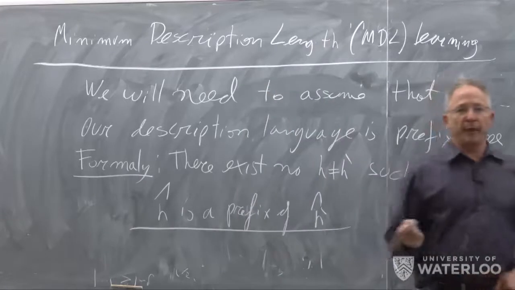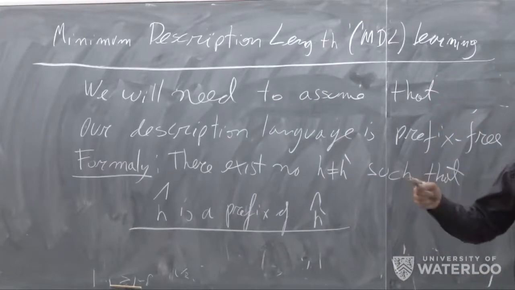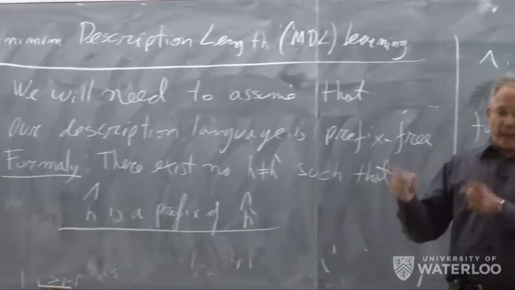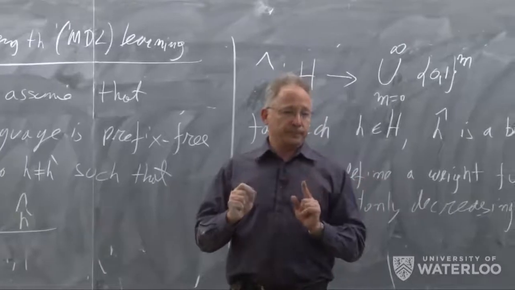Remember, the description of h is a binary string. The description of h prime is also a binary string. We don't want one of these binary strings to be an initial segment of the other.